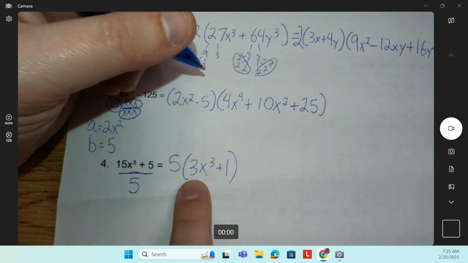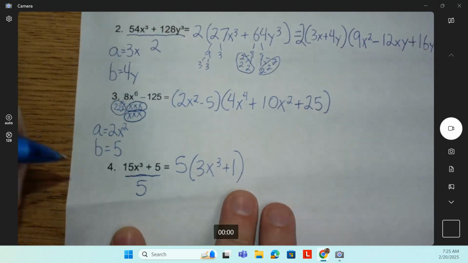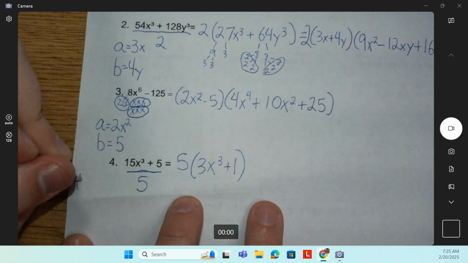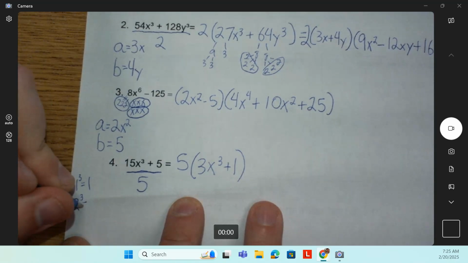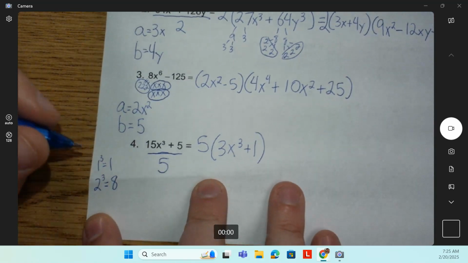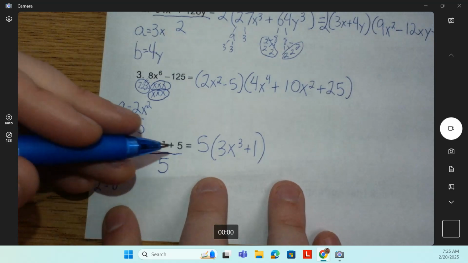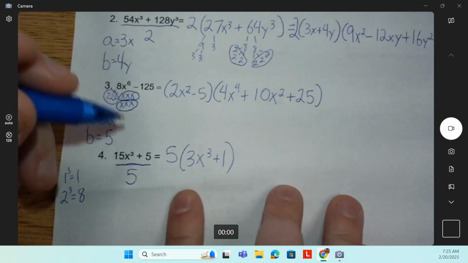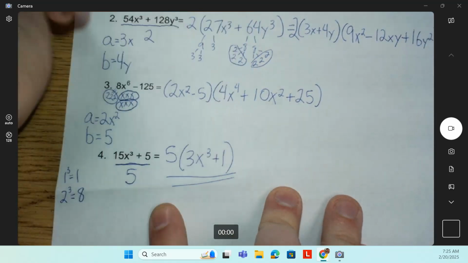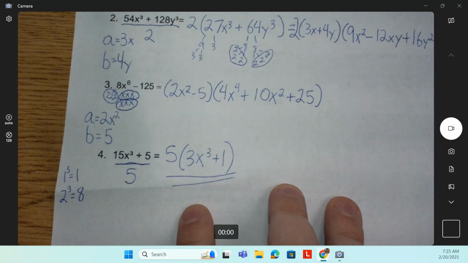But 3, there's not a whole number that would work for that. So my cubes, if I do 1 to the third power, it's 1. 2 to the third power is 8. So there's nothing anywhere remotely close to 3. So for this one, that is my answer. That's all I can do to simplify it, and we are done with that one.